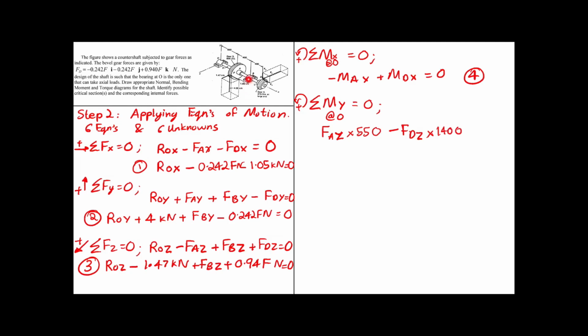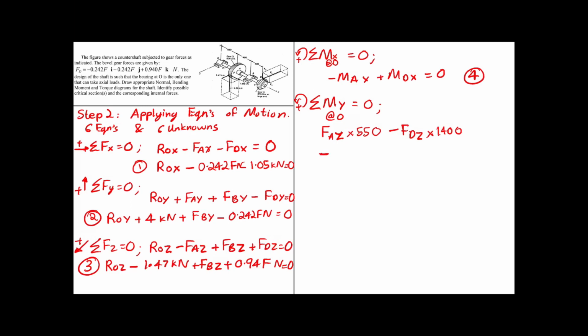Okay, and also we have the RBZ, because the reaction at B will also cause a moment about the y-axis. Since we are assuming the reaction to be positive, that is also going to be clockwise.